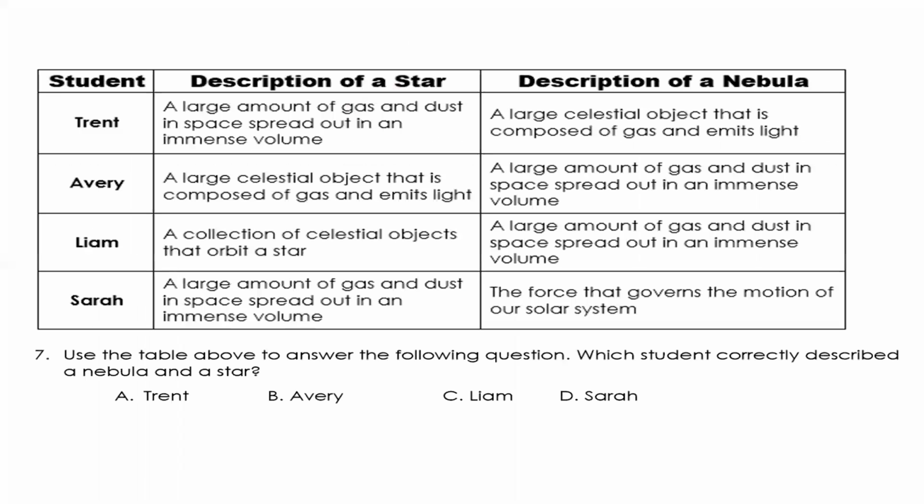All right. This one was a warm-up question. So we're looking for the person who accurately described a star and a nebula. So Trent has the definition for nebula for star, so that's wrong. The correct answer is Avery. Liam described a solar system, and then Sarah also described a nebula for star.